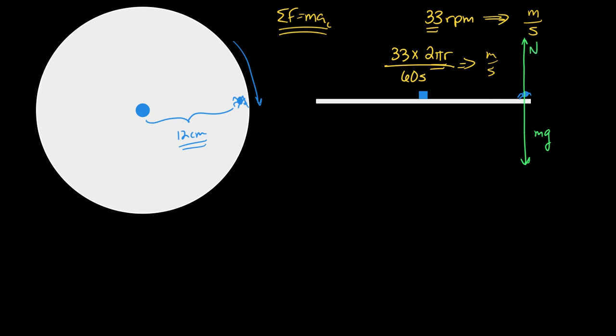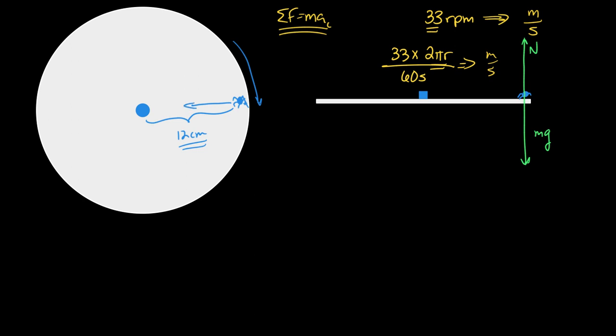Is there any cable connected to the bug? No, so there's no tension. Any likelihood of a resistive force acting on the bug? Very likely. The whole problem asks about something dealing with friction. So very likely there's a resistive force acting on the bug. We have to figure out the direction of that resistive force. I don't think it's a surprise. The only way the bug travels in a circle is if there's a force pointed towards the center of that circle, suggesting that there's got to be a force in this direction.